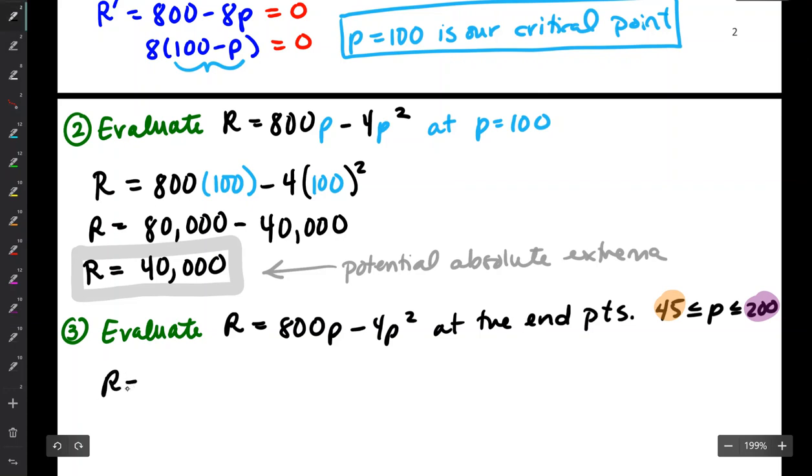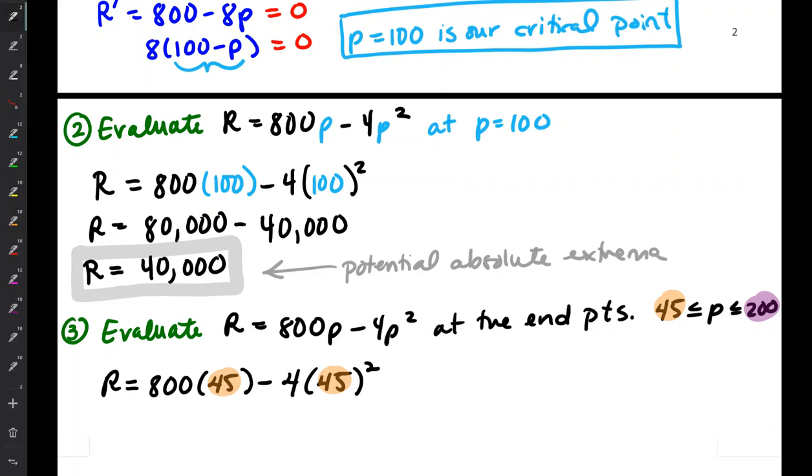R of 45 is 800 times 45 minus 4 times 45 squared. And I've got a graphing calculator here. I've calculated that already. R of 45 is equal to 27,900.